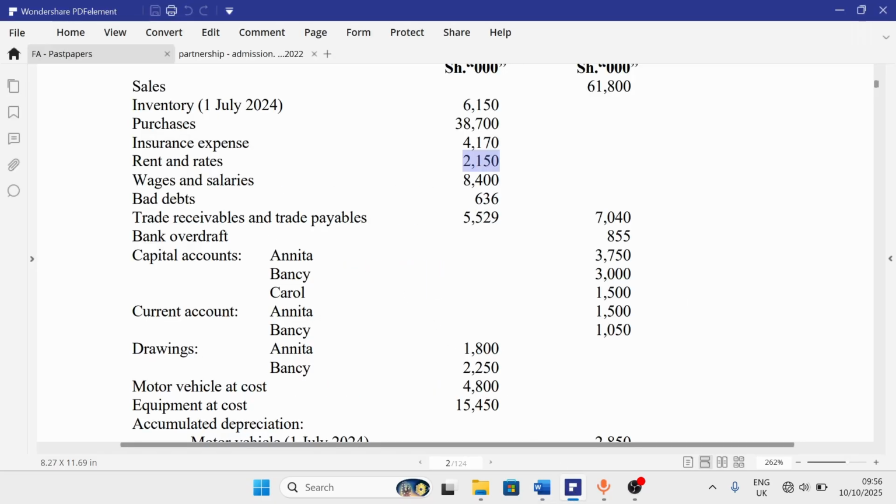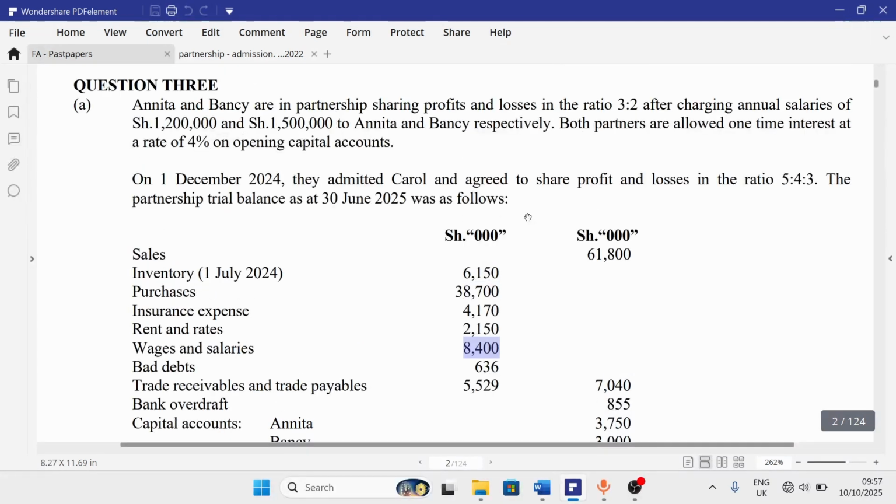So wages and salaries, the amount given there is 8400. But one thing we are supposed to note is that these wages and salaries are for employees, not the partners. At the top, in the first paragraph, we were told that the partners were paid annual salaries of 1.2 million and 1.5 million.